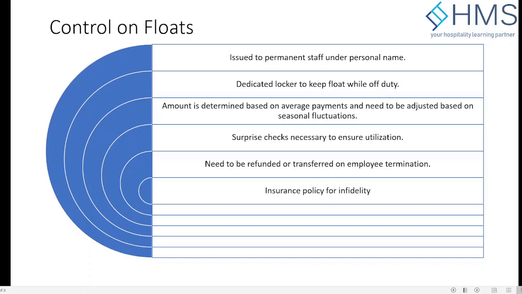And usually there is an infidelity insurance taken on each and every cashier in the hotel. So usually we take insurance on the cash itself, the cash storage, how much cash we keep in the hotel. That includes the float of the hotel in the general cashier plus the operational cashiers.